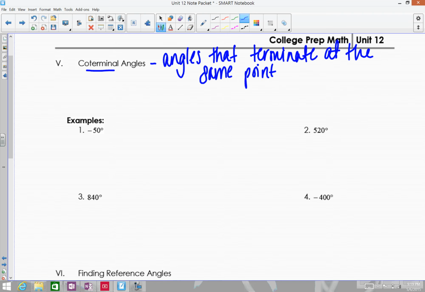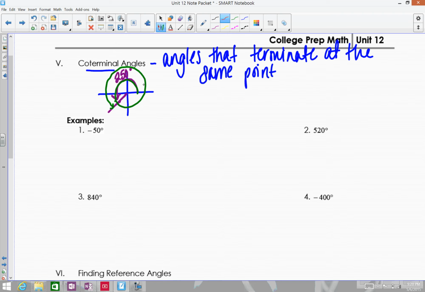To show you what that looks like, let's say I have some angle. Let's say this is 250 degrees. Coterminal means if I start at 250 degrees, I can add 360 to that, so basically go around on a full loop, and I end up in the exact same spot.